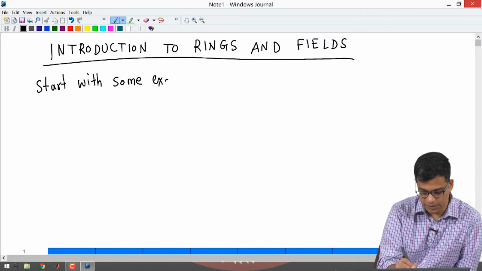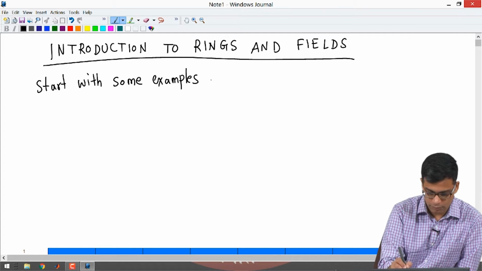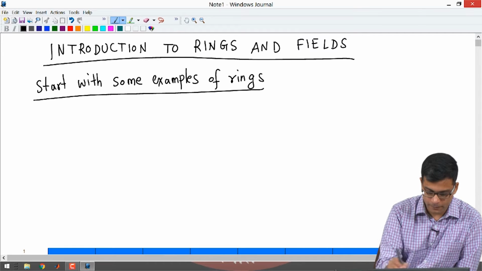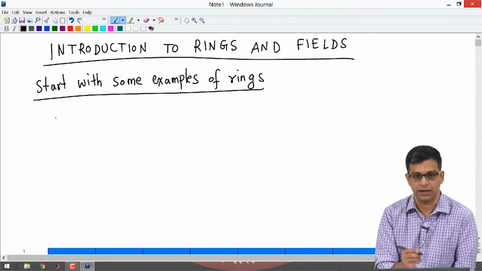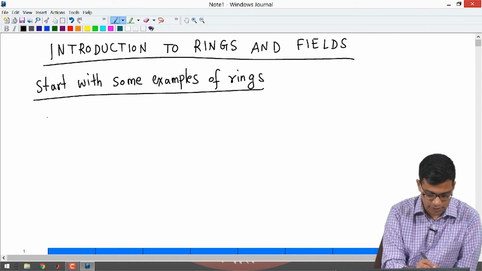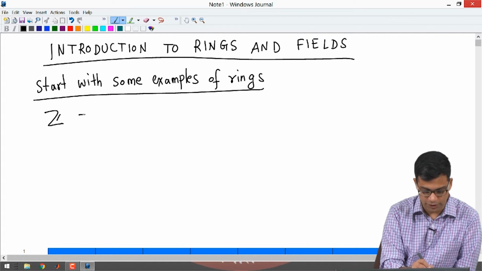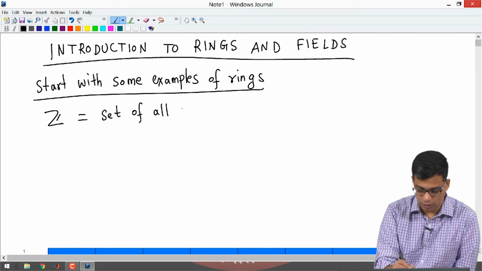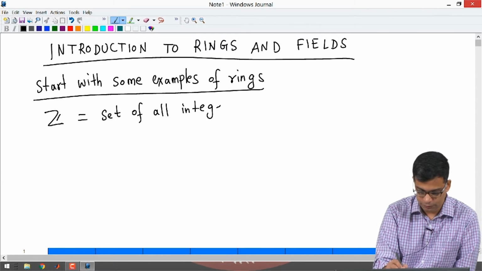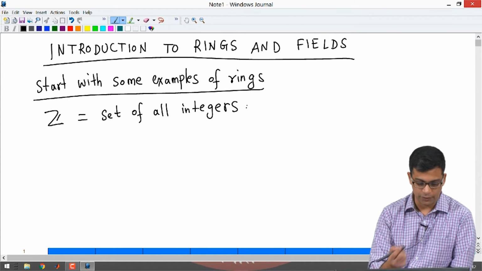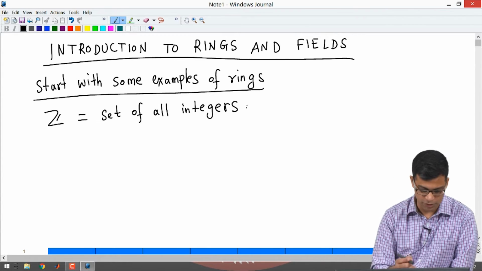Before I talk more about the definition, let me start with some examples. We will start with some examples of rings. The first example that I want to discuss, which is in some sense the most important ring, is the set of integers. Whenever I write Z in this way, I always mean the set of all integers. We know this as a group under addition, but in fact it is also an example of what we want to consider as rings.